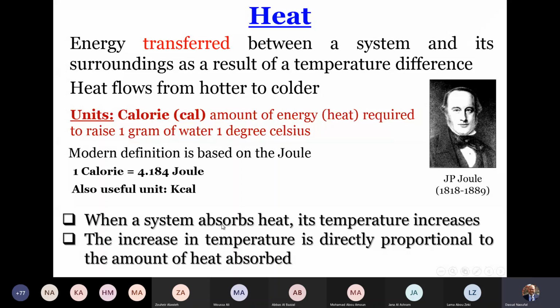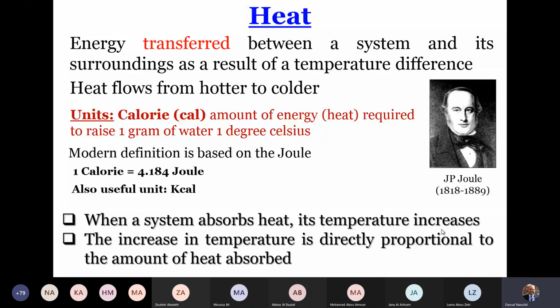When a system absorbs heat from the surrounding, its temperature will increase. And the increase of the temperature of a system is directly proportional to the amount of heat absorbed. Suppose, for example, I am the system and the heater is the surrounding. When I absorb heat from the surrounding, my temperature will increase.